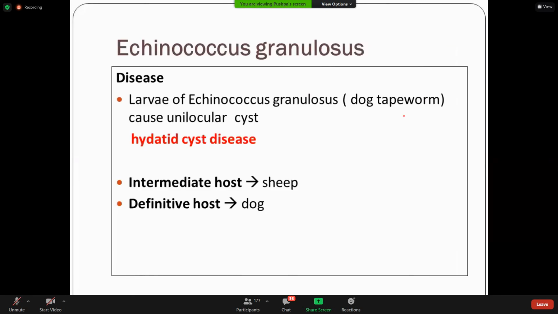Now the last but not the least is Echinococcus granulosus. The larvae of Echinococcus granulosus, or dog tapeworm, cause unilocular cyst or hydatid cyst disease. It causes severe complications and goes to distant organs like liver, brain, and lungs.